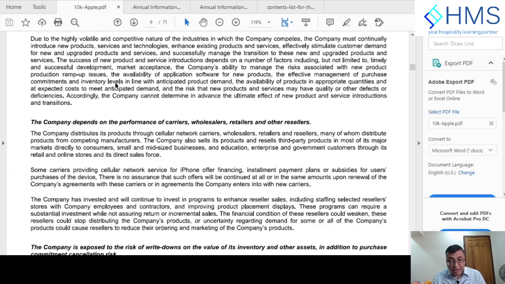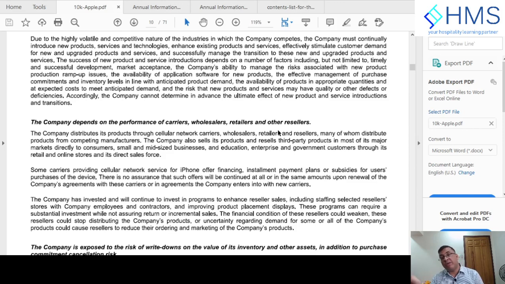Then they have the financial condition. Then they say the company depends on the performance of carriers, wholesalers and retailers. Remember the earlier discussion where Apple said that 66% of the business comes from indirect distribution channels, meaning two-thirds of the business depends on the performance of carriers, wholesalers, retailers and other resellers.